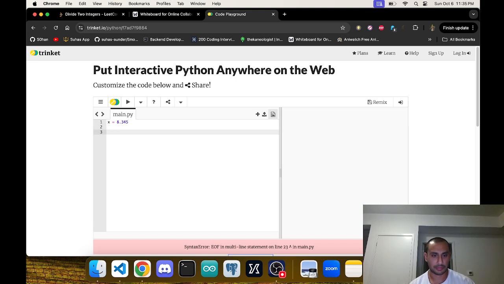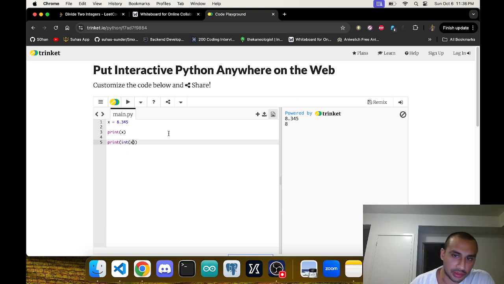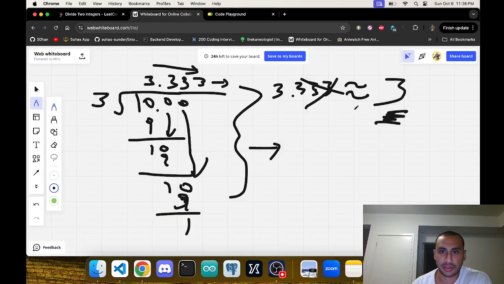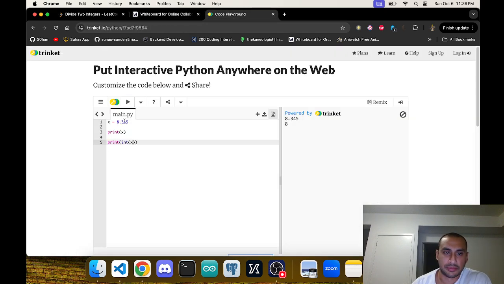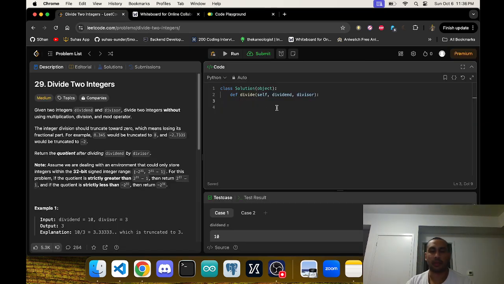Then I want to print x, and then print int of x. Yeah, so this truncates it. So int just cuts off the decimal, and then you get what it is. I just want to see if it does auto rounding. What if it's 8.9? Yeah, so this just truncates the decimal to create an integer. So this is one of the parts I have to do.